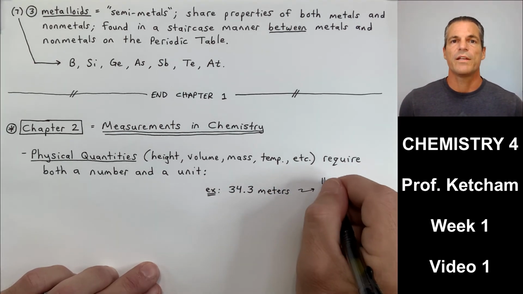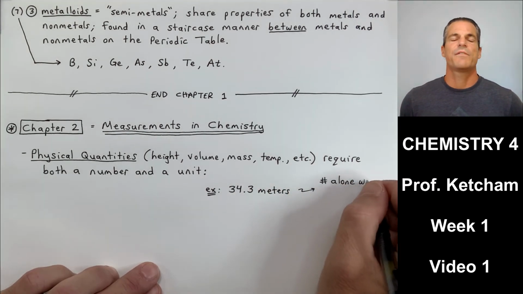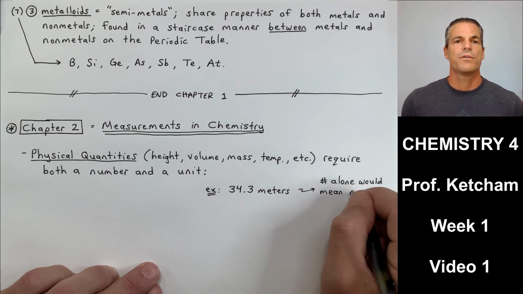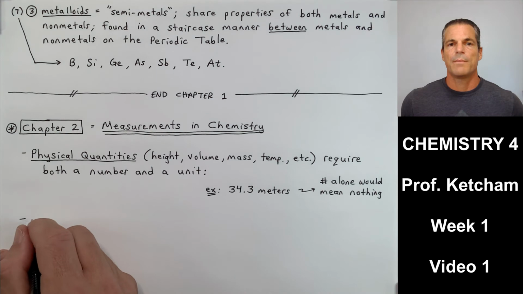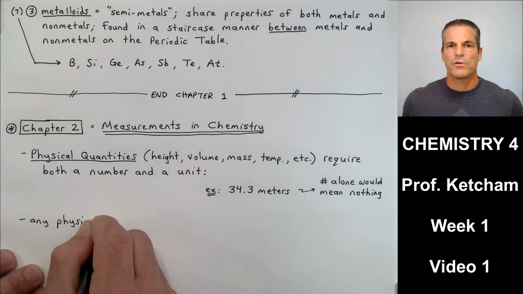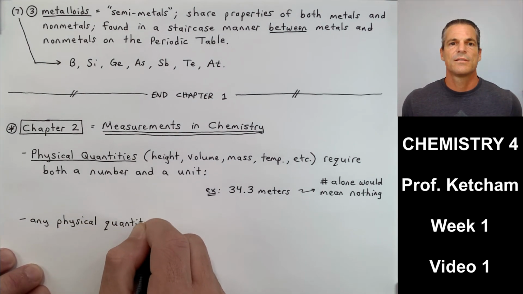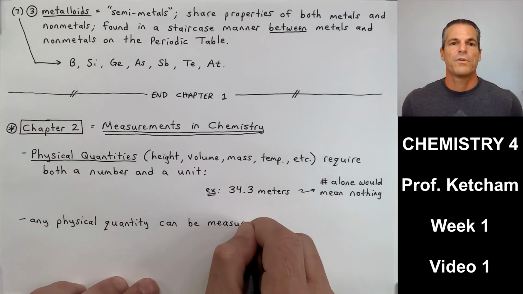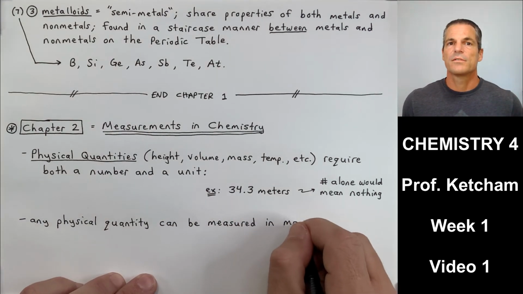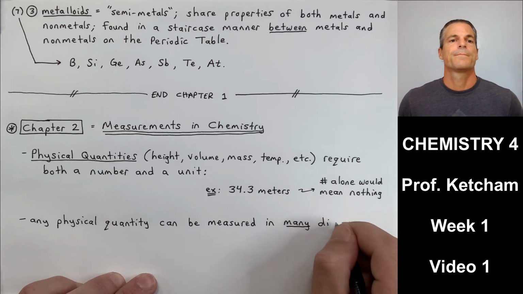You have to have a unit for it to make sense. So whatever it is you're talking about, height, volume, mass, temperature, you can't just have the number there. In the example, you can't just have 34.3. It's meaningless. You have to have a unit behind it. In this example, 34.3 meters. A number alone would mean nothing.